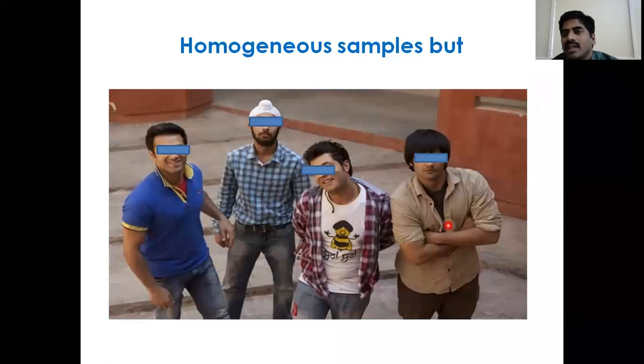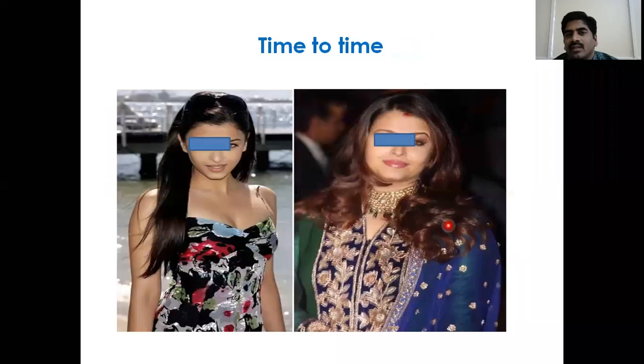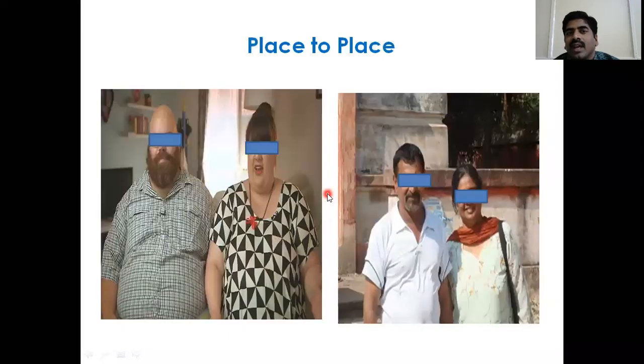The deviations we can measure by using measures of dispersion. So these are all time to time changes: before marriage, before pregnancy, after pregnancy, there is a weight change. So time to time changes, deviations, and place to place changes. In another country, you can observe the weight, and in our country, you can observe the weights. So, place to place deviations.